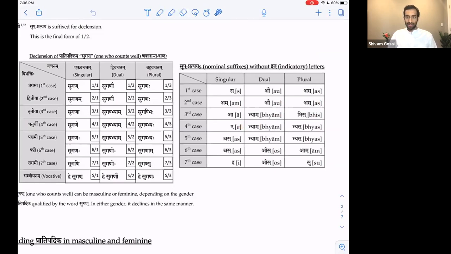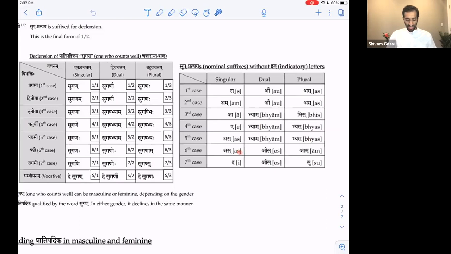Sugane, suganbhyam, suganbhyaha, suganaha, suganbhyam, suganbhyaha.